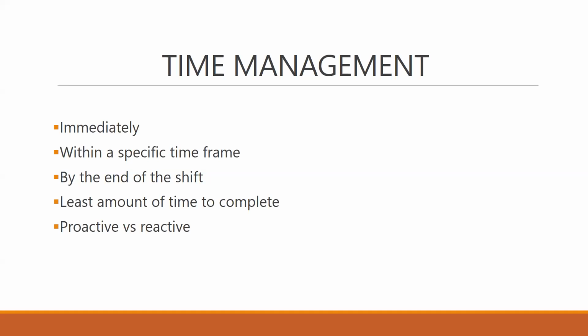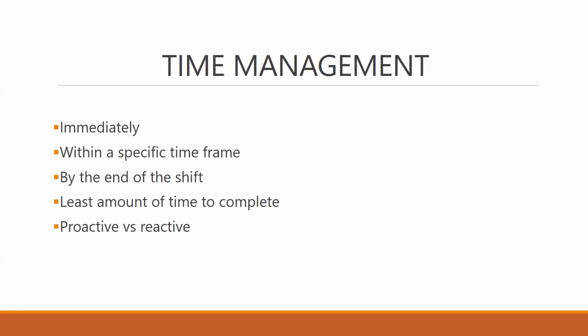So immediate is what needs to be done right now. Time frame, antibiotics, you have a window of time to give those. Which one do I need to give first? End of shift, things that can wait. You can do them during your shift and they're not prioritizing them to have to be done right here, right now.